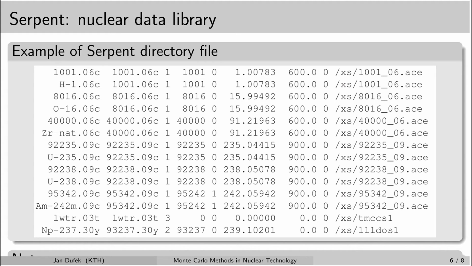That's because this does not relate to a specific nuclide, but the cross-section file is derived for a mix of nuclides. It actually reflects the natural composition of zirconium. So zirconium is naturally composed of a number of different nuclides.